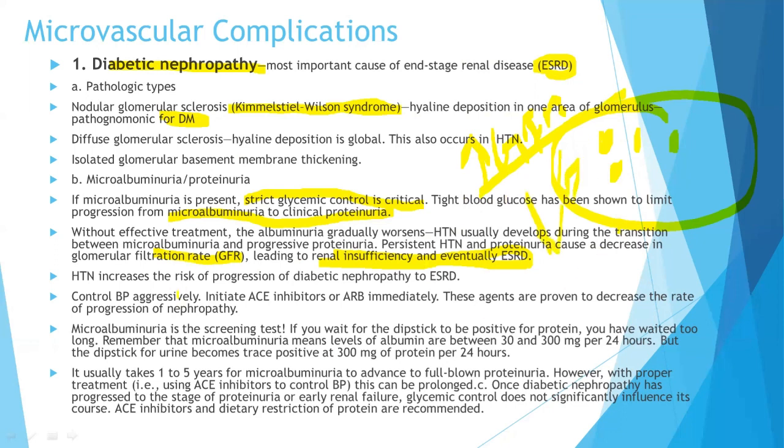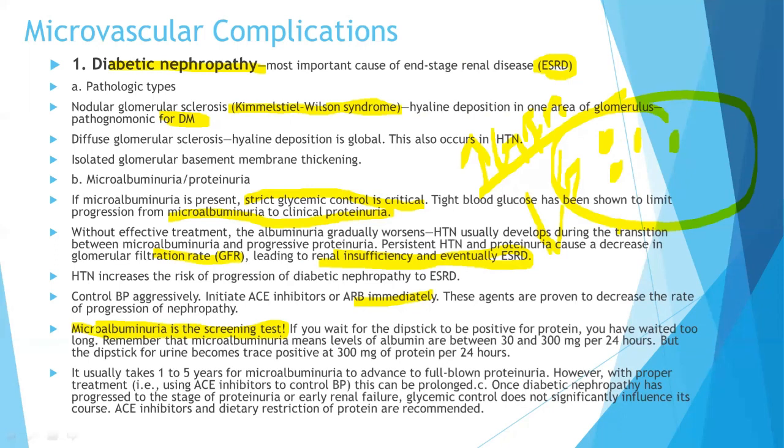So we need to control the BP aggressively. We need to initiate the ACE inhibitors or angiotensin receptor blockers immediately. Microalbuminuria is the screening test. Okay, now this is one of the important concepts, what thing you need to check in this patient, what thing you need to monitor in this patient. The answer is microalbuminuria.